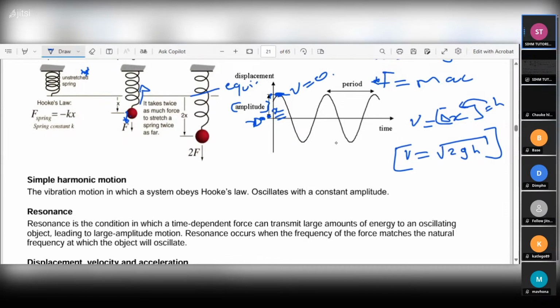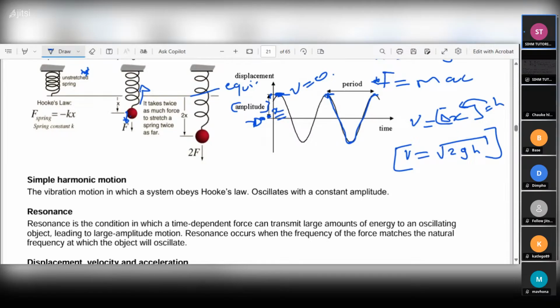From this point up until the other side is the half period, and then from this point to the other point, now you have the full period.